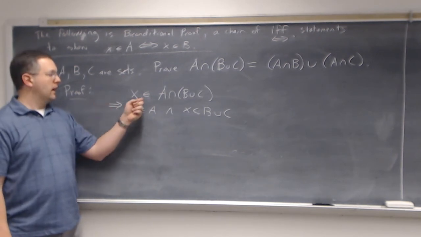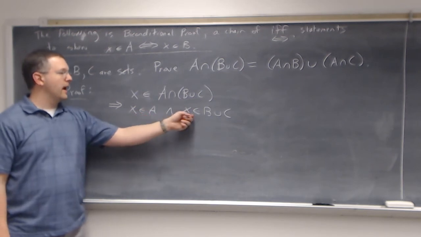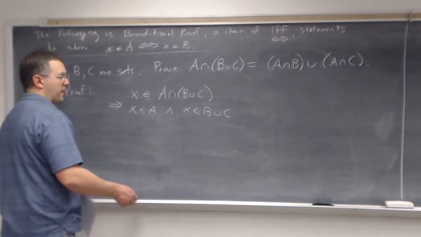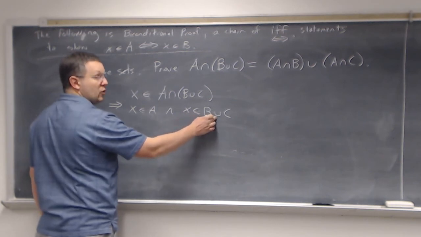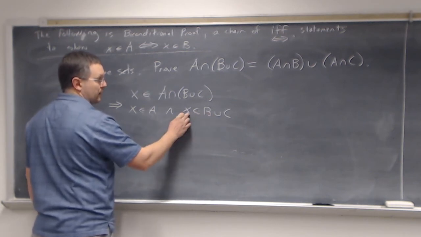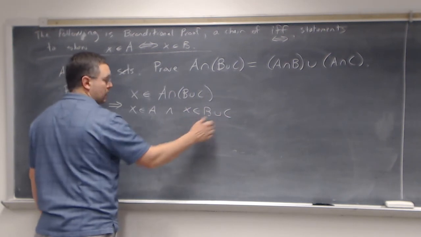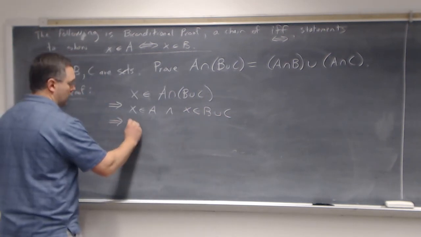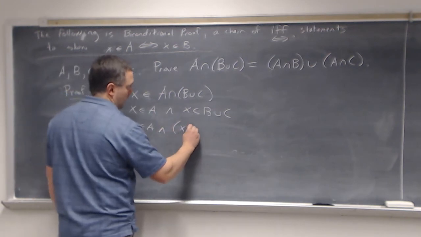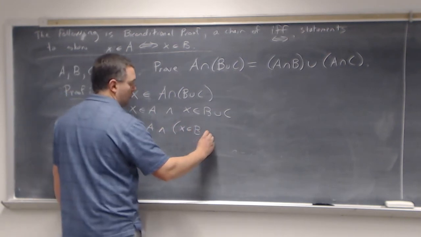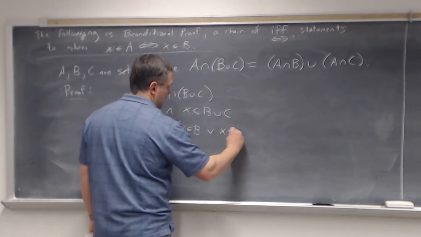Now I'm going to break up this right here. What does it mean for x to be in the union of B and C? It means x is in B or x is in C. So that implies x is in A and, parentheses, x is an element of B or x is an element of C.